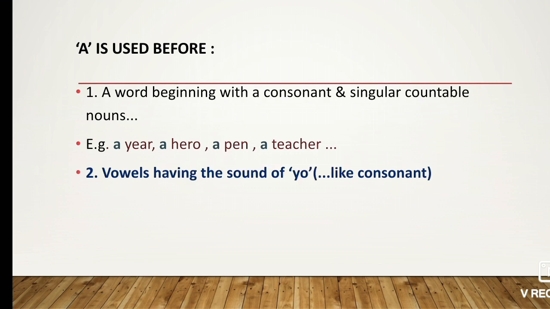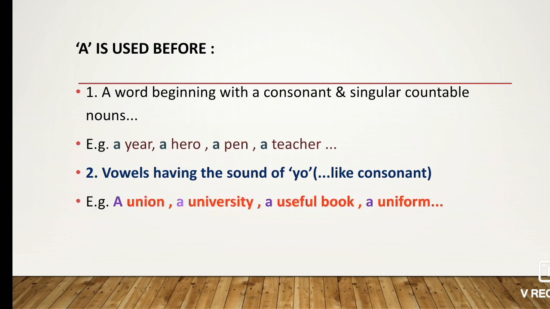Second, vowels having the sound of yu, like a consonant. For example, a union, a university, a useful book, a uniform. Here are examples beginning with the vowel letter u, but its sound is like a consonant, so we can use the article a.